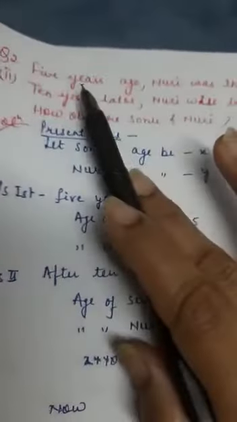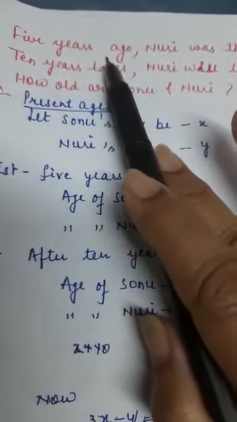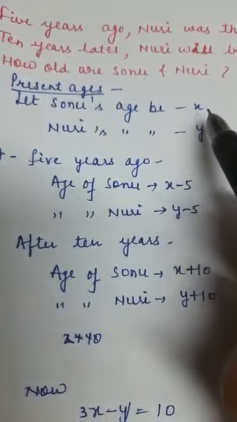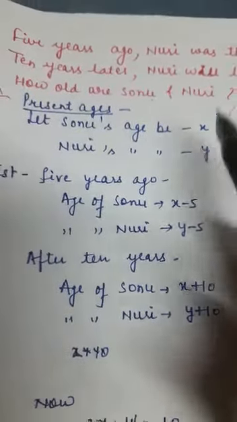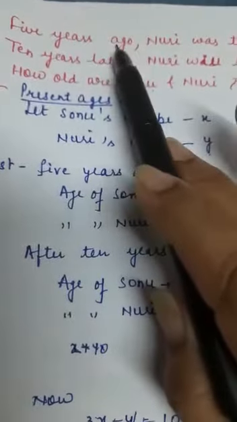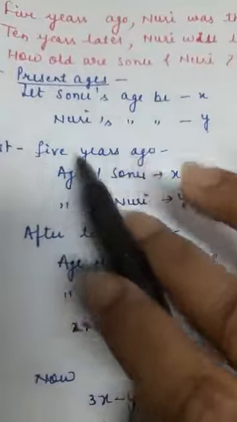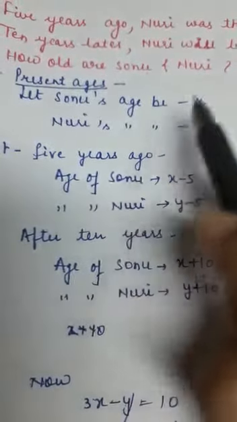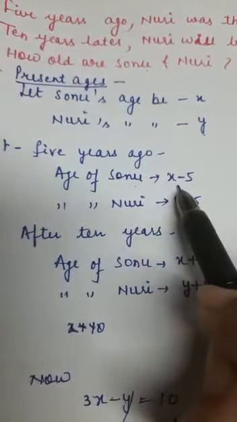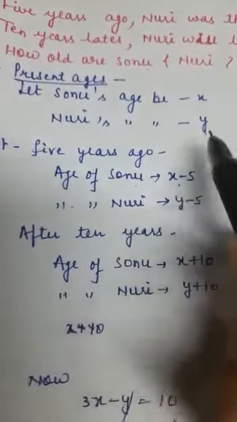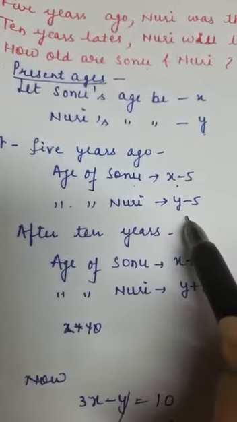But when? 5 years ago. Present ages we have taken as X and Y, so first we will take 5 years ago. What was the age of Noori and Sonu? 5 years ago, age of Sonu was X minus 5, obviously, and age of Noori will be Y minus 5.